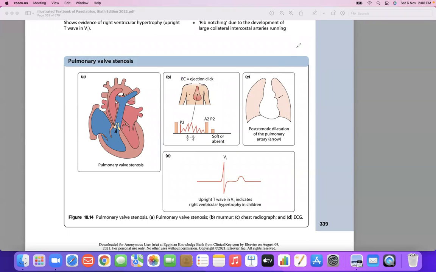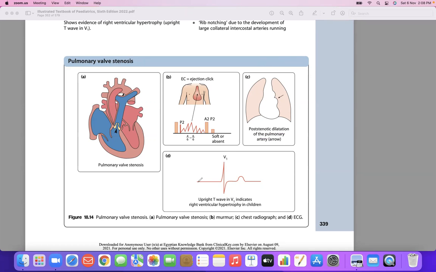Same thing as in the aortic stenosis, we saw the post stenotic dilatation this side, but here you will see it this side. So in pulmonary stenosis, you can have right ventricular hypertrophy as well. Depending upon how long standing the condition is, you can have right ventricular hypertrophy and post stenotic dilatation of the pulmonary artery.